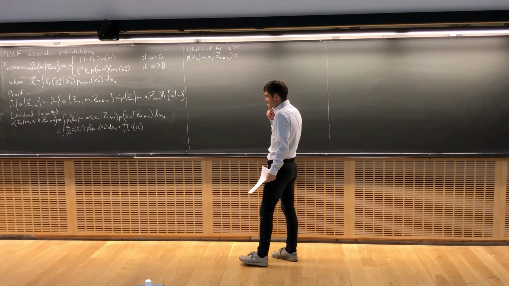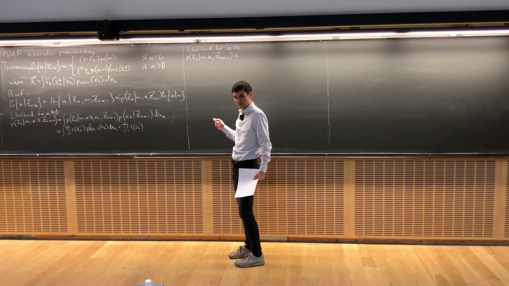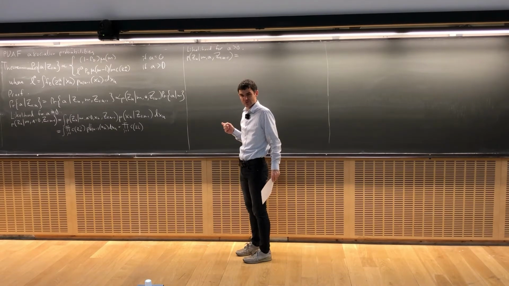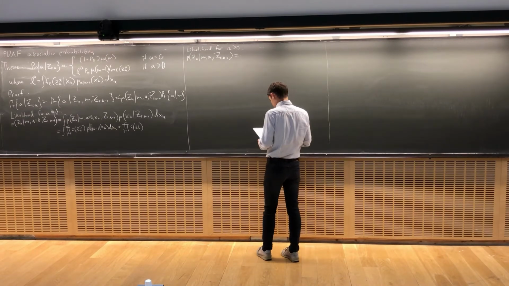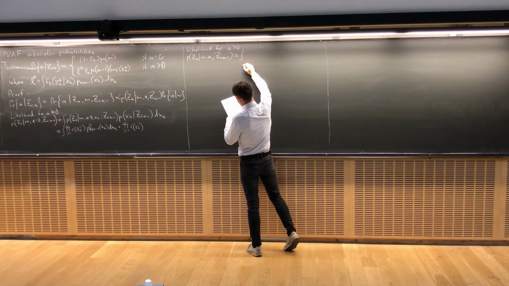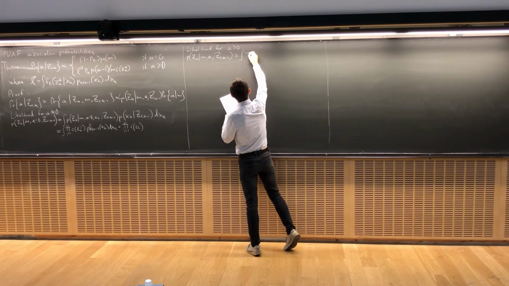In this case, one of my measurements, the measurement indexed with the value of A, will depend on the target. All the other measurements will not depend on the target. So this is something I can write like this.